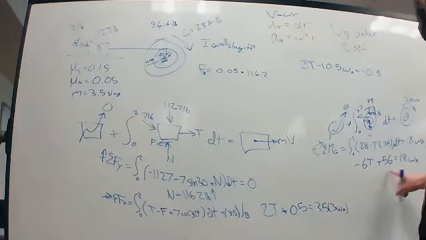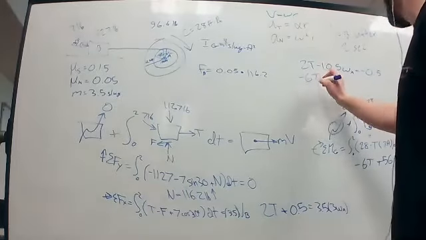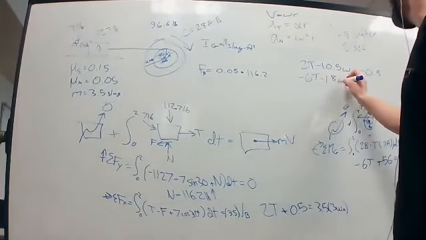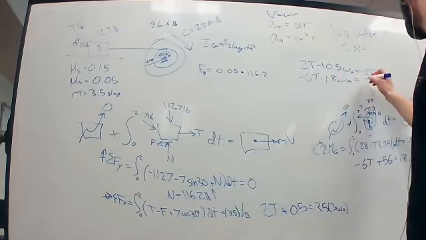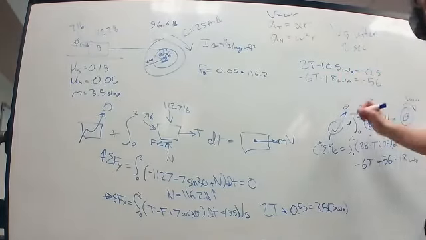So we can rewrite this as minus 6t minus 18 omega A is equal to minus 56.